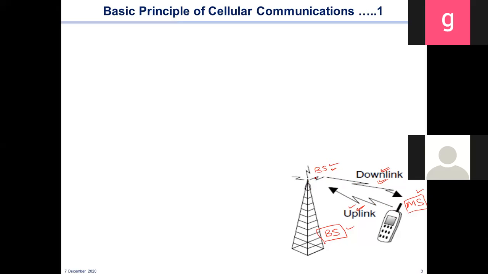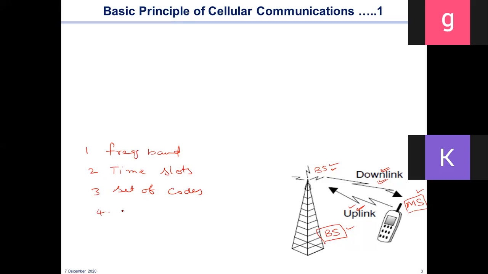So there must be some resources available at the base station, and those resources, you can see here, are frequency bands, meaning some frequency must be allocated, and time slots, and codes, some set of codes. This is 1, 2, 3, and the 4th one is any combination of the above 3.